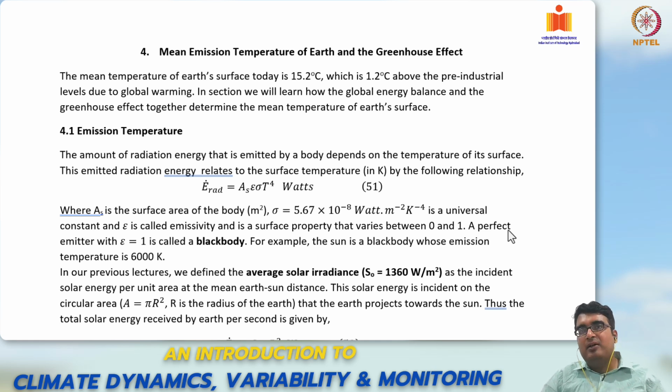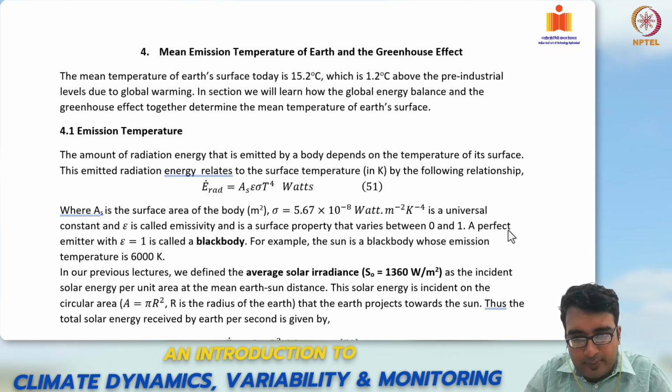So, the variability of these energy budget aspects as well as very simple models of global warming, which we will slowly increase in complexity as we grow on in our future lectures.